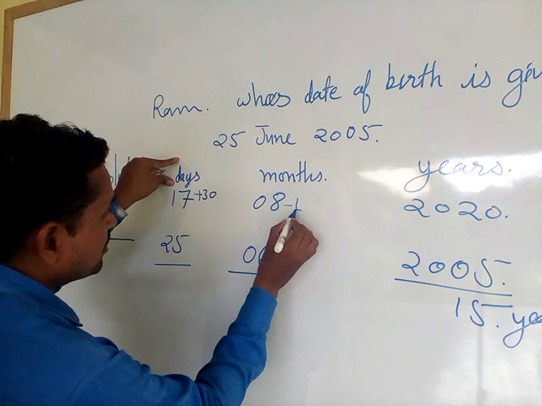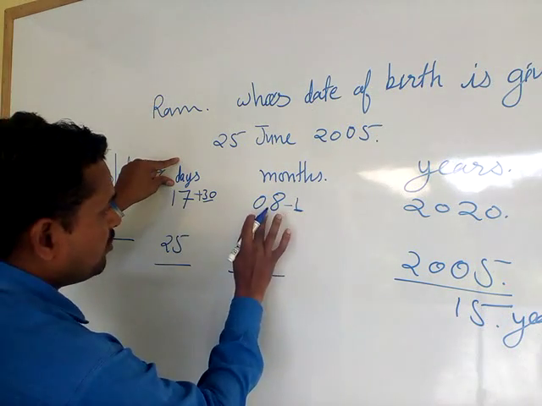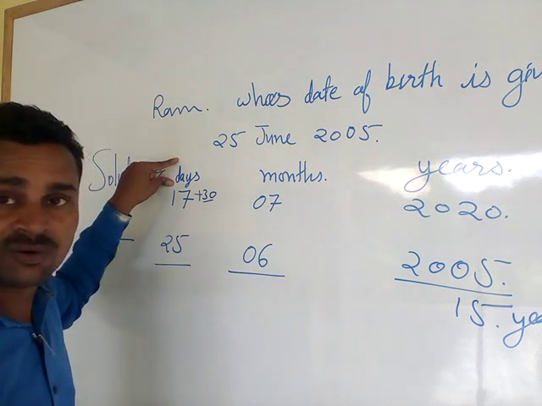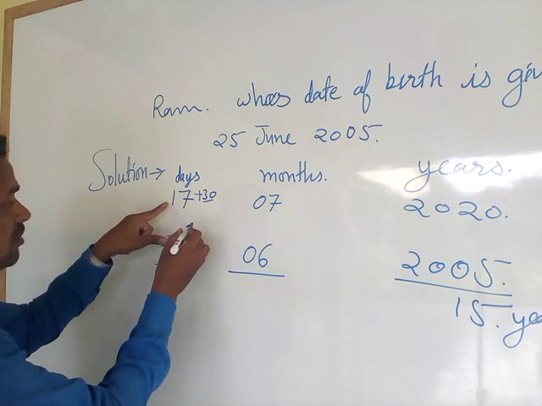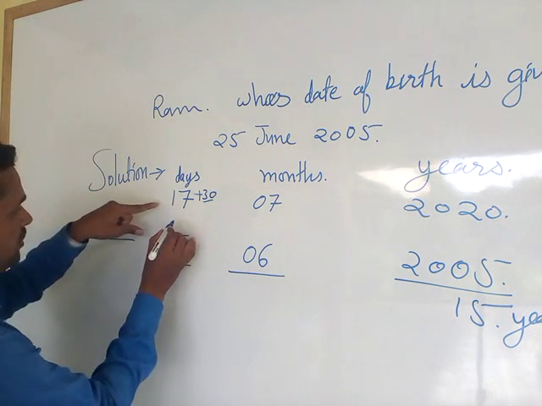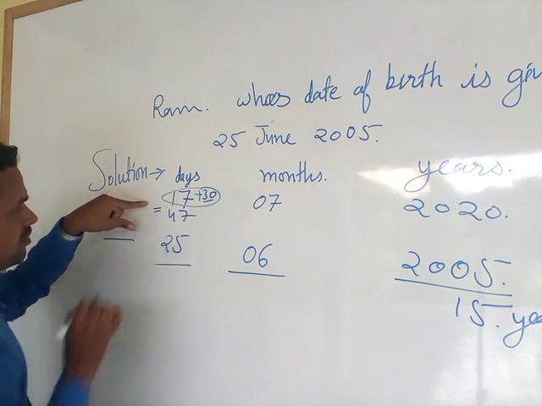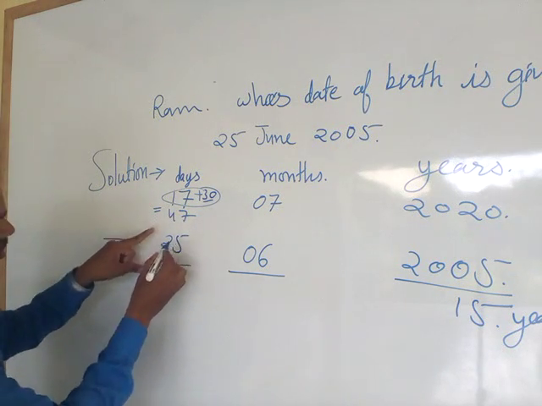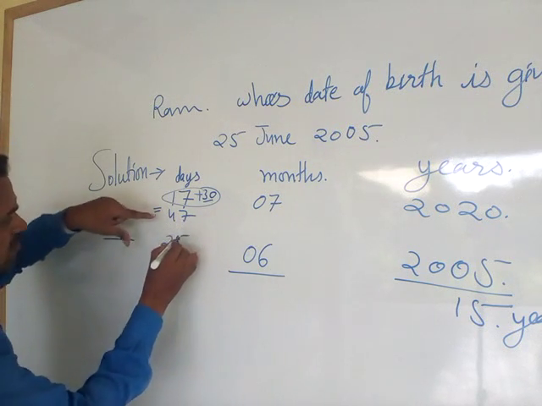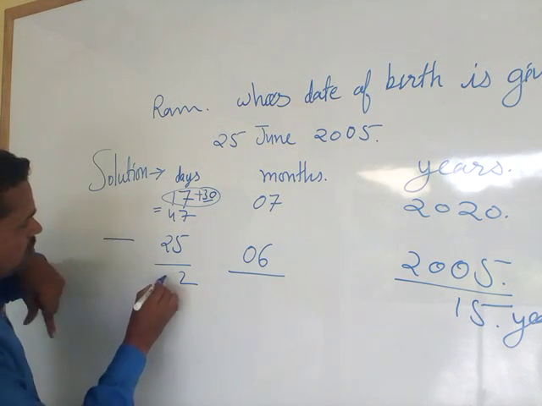So 17 plus 30 is 47, and 47 minus 25 is 22. Months: 7 minus 6 is 1.